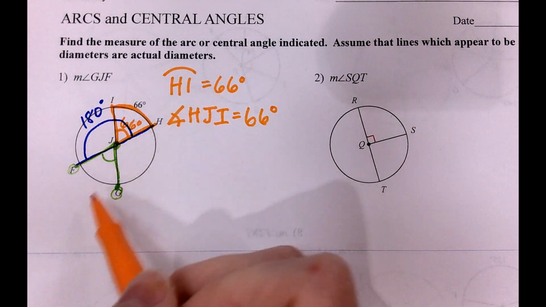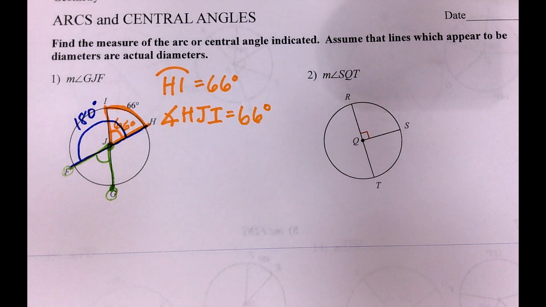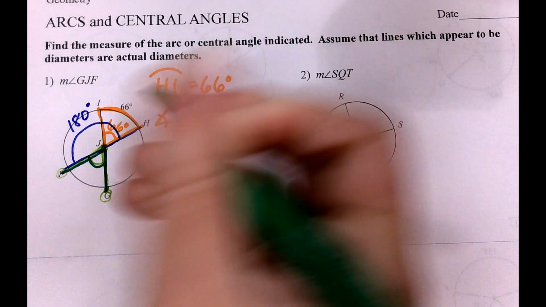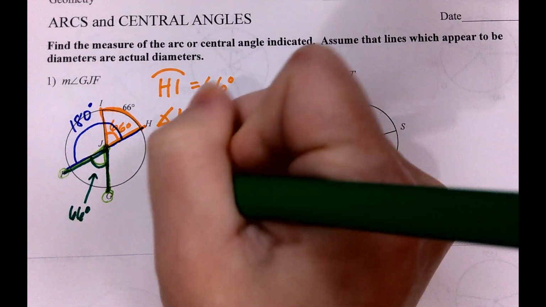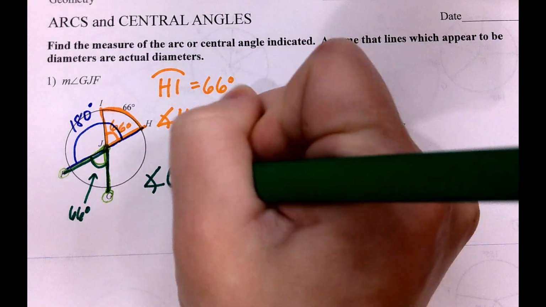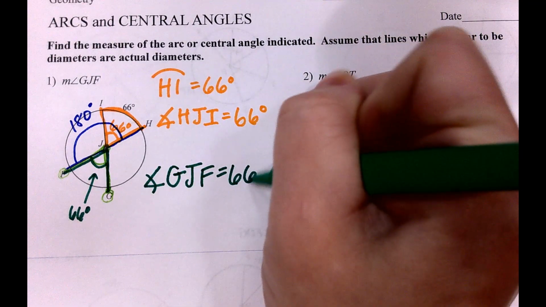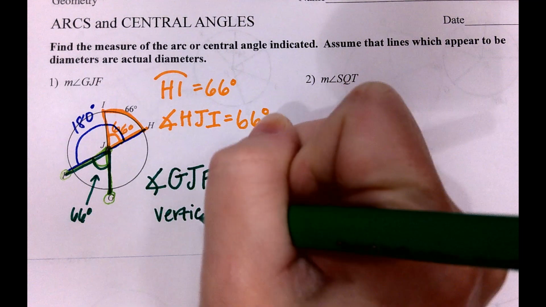Those are vertical angles, and vertical angles are equal. So GJF must also be 66 degrees. Because they are vertical angles.